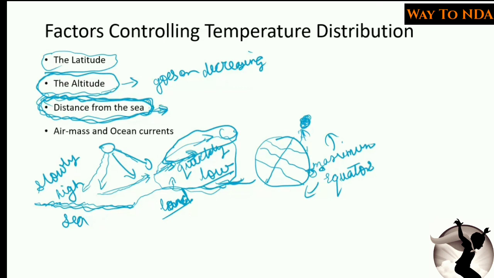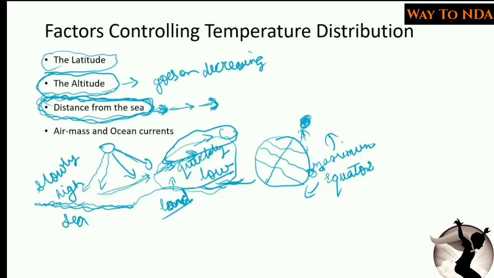But as you go away from the coastal area, take the example of India. In the southern region, in Maharashtra, Karnataka, Andhra Pradesh, Kerala or Tamil Nadu, these areas are very close to the sea.